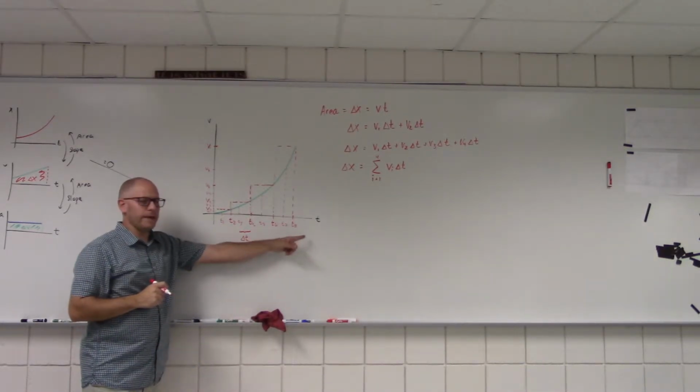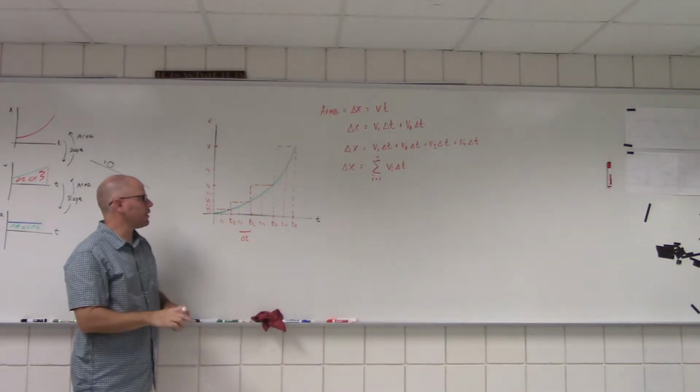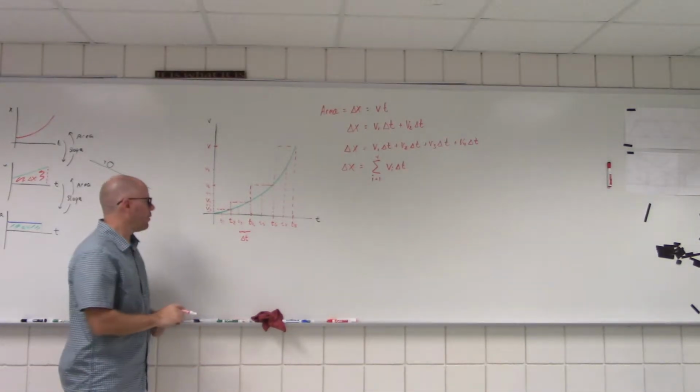So I have 8 times across the bottom, 8 velocities across the top. Let's see if we can figure out what the area picture looks like.